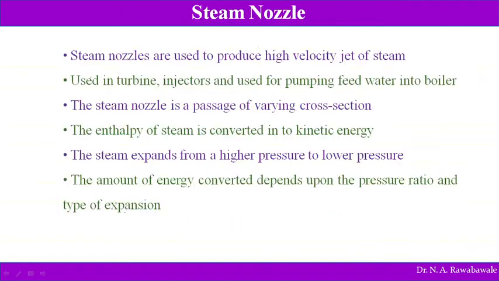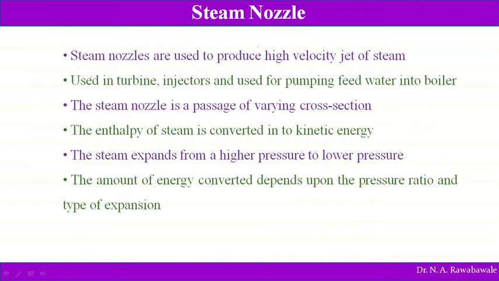Now let us see what this steam nozzle is. Steam nozzles are used to produce a high velocity steam jet, which is used in turbines and injectors, which are also used for pumping feed water into the boiler.